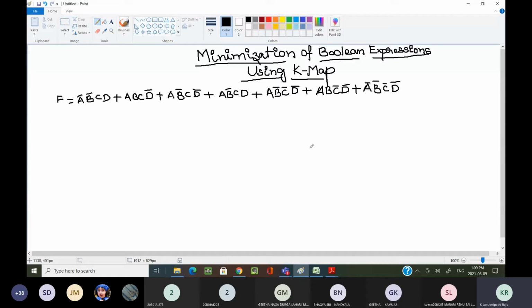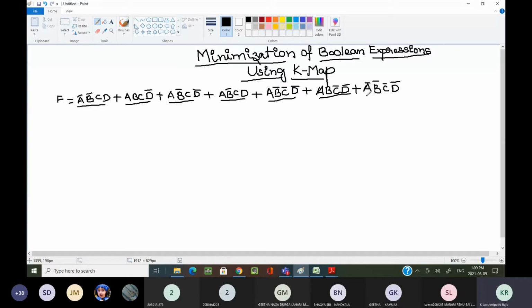Simplify the given expression by using the K-map method. Now see here in the given problem, each and every term contains 4 literals or 4 variables.